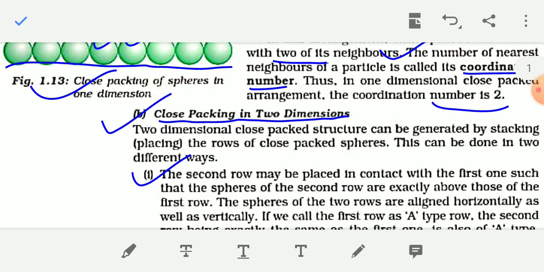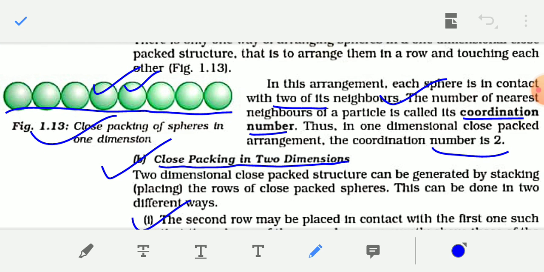Now see two dimensional close packing. You can obtain two dimensional close packing, or close packing in two dimensions, from one dimensional close packing. Two dimensional close packed structure can be generated by placing rows of close packed spheres.